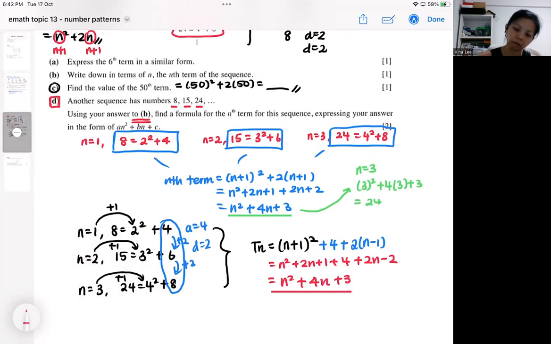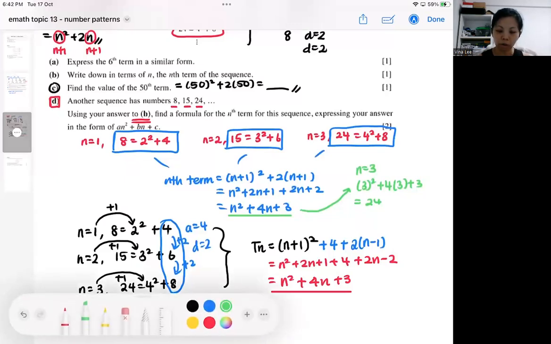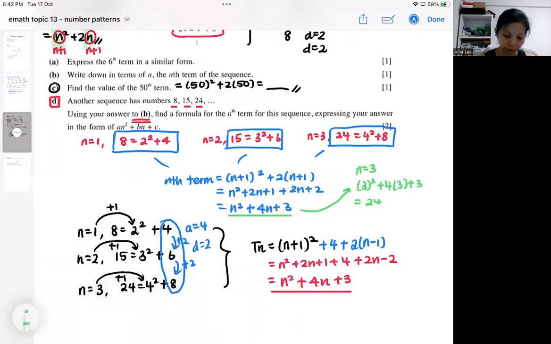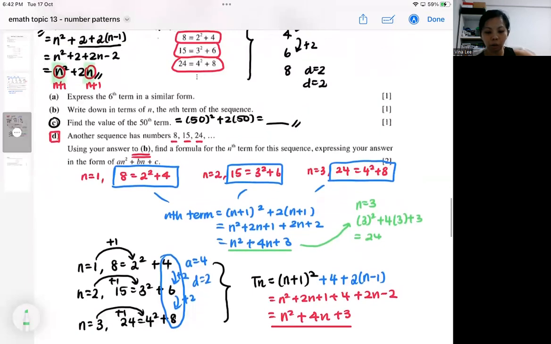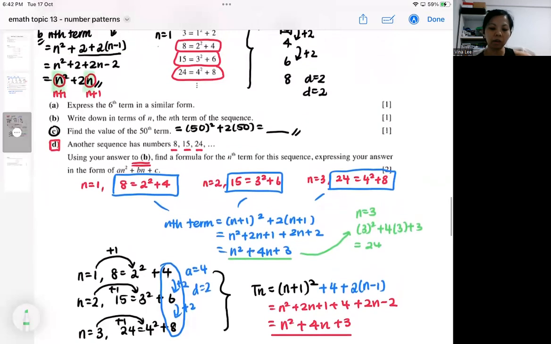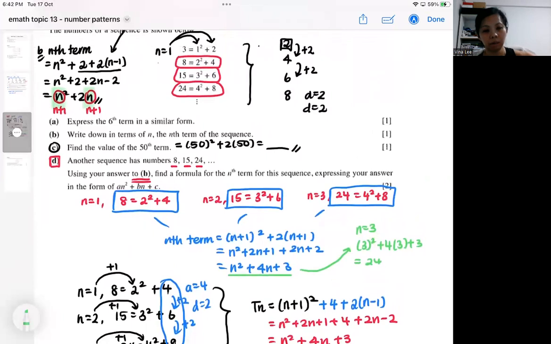as this method. This one I directly replace the n with n plus 1. Or you can redo your observation if you really cannot link to the formula. Sometimes they will indirectly ask you to apply the same investigation skills on another sequence.